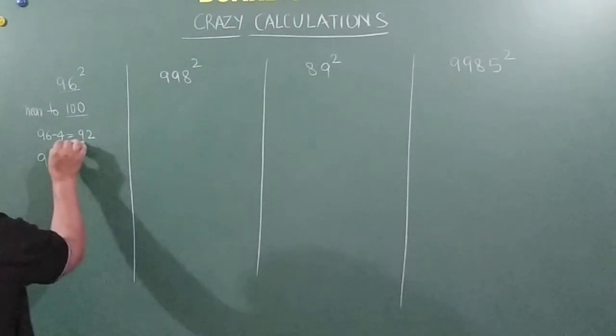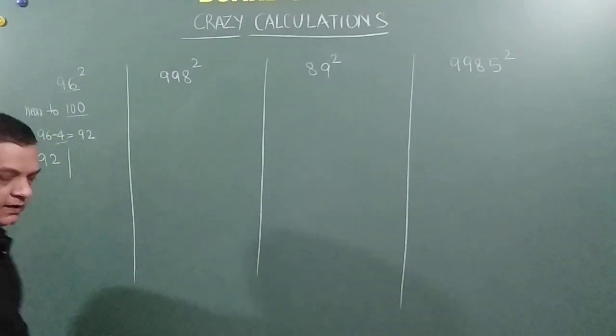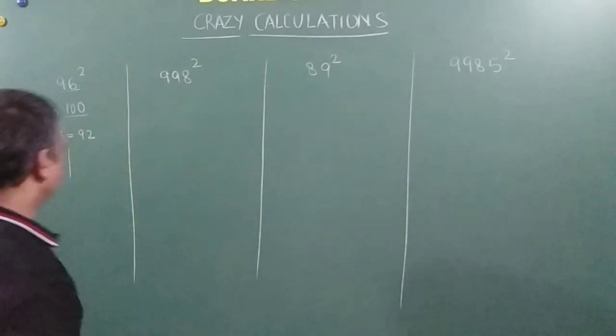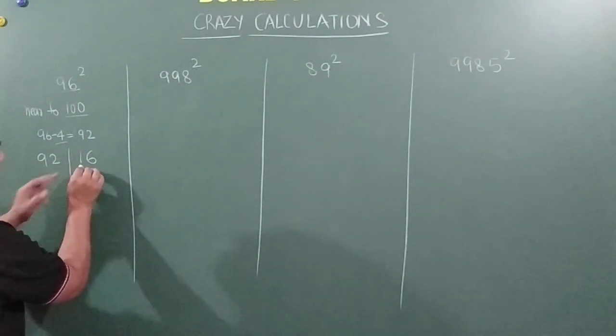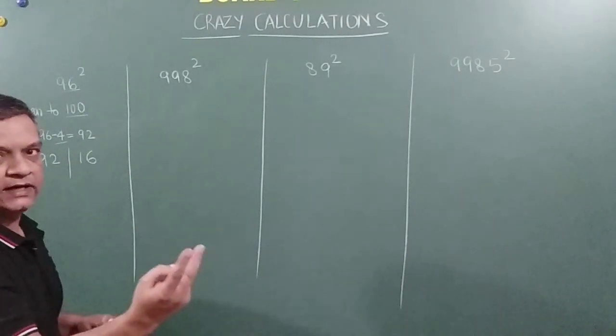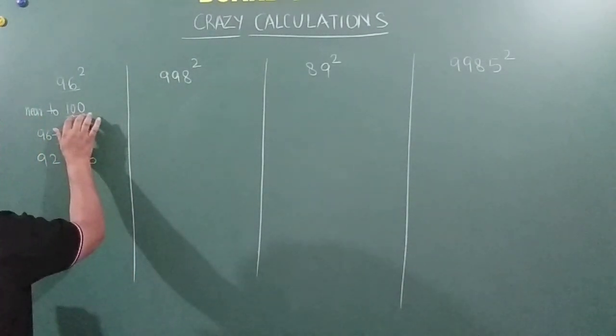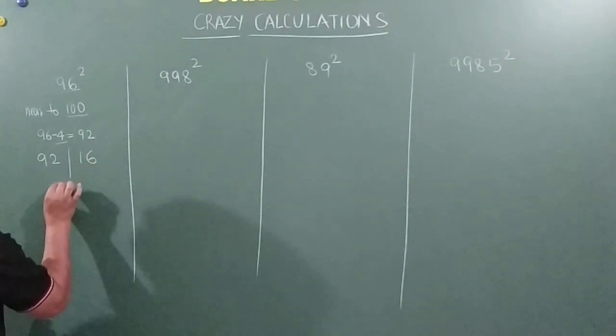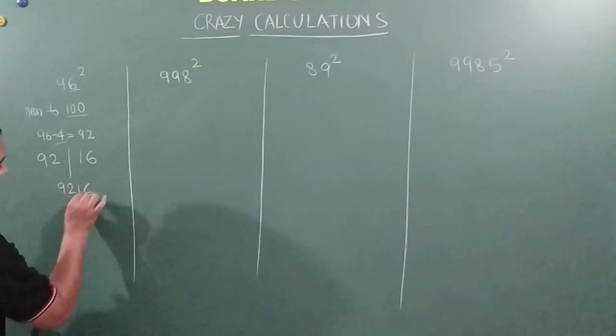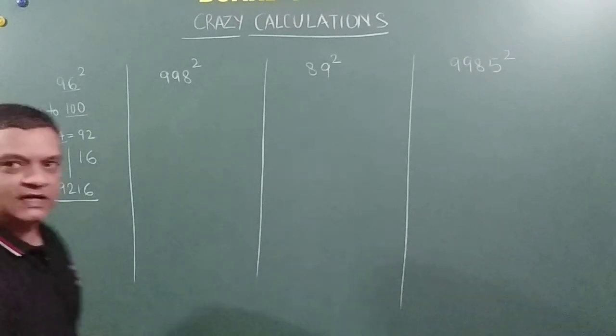What have we subtracted? 4, so we will square 4. 4 square is nothing but 16. And we see that 16 has 2 digits, which is equal to the number of zeros in the base. That means 9216 is the answer. I hope the concept is clear here, friends.